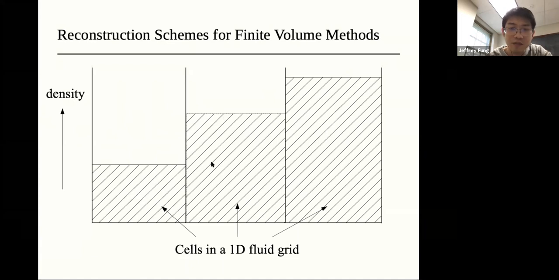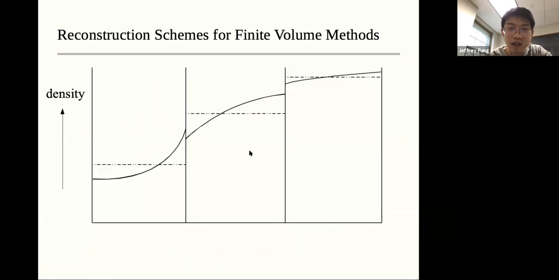Then you start with this and you only have the cell average value, but then you try to reconstruct the underlying continuous profile that these average values are supposed to represent. Of course, to do this, you need information from neighboring cells. So in here, some reconstruction is done. There's some approximation to what the underlying continuous profile might look like.